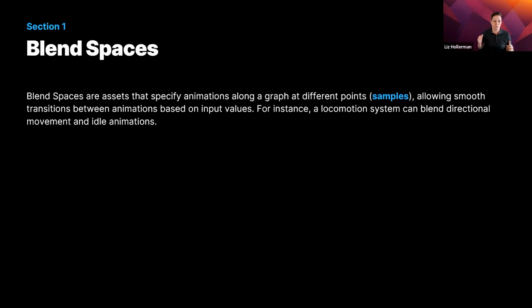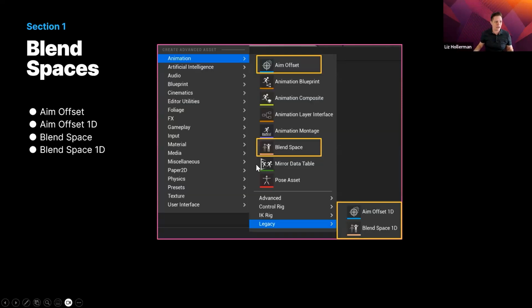So we're going to be looking at 4 different types. Okay, there is an aim offset, a 1D aim offset, a blend space, and a blend space 1D. I do want to make sure you note that the 1Ds are under legacy now, not because they're bad or anything, but we'll talk about why in just a second.